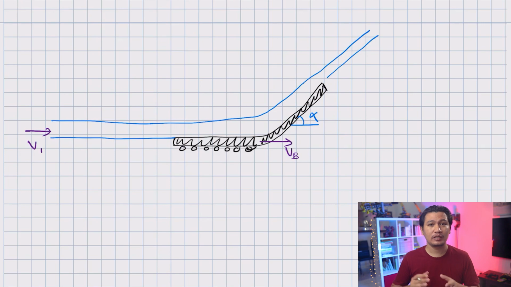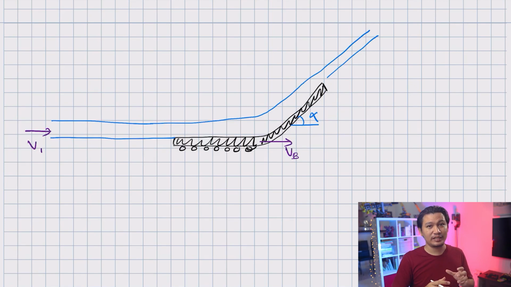For example, if you are in a car that is moving at 60 km an hour, and the next car next to you is moving at a velocity of 100 km an hour, from your perspective the velocity of the other car should be 100 minus 60.